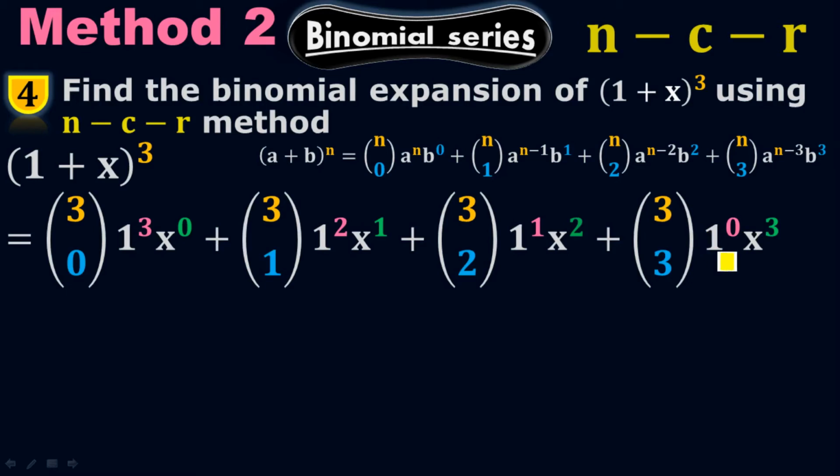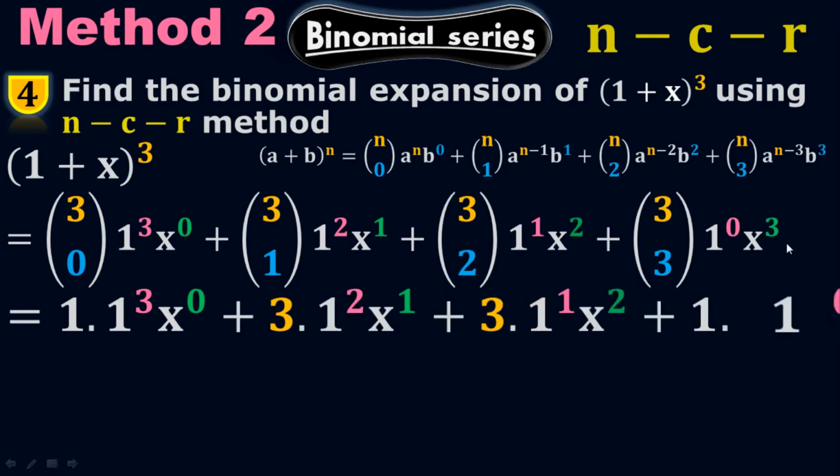Similarly, in the last term, the power of 1 is 0. If you get the power of 1 equal to 0, which is my first term, it means that you should stop now. Simplify it, which equals 1 times 1 to the 3 times x to the 0, plus 3 times 1 to the 2 times x to the 1, plus 3 times 1 to the 1 times x to the 2, plus 1 times 1 to the 0 times x to the 3.